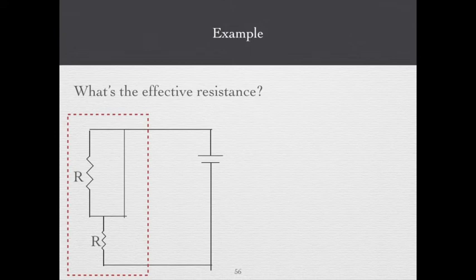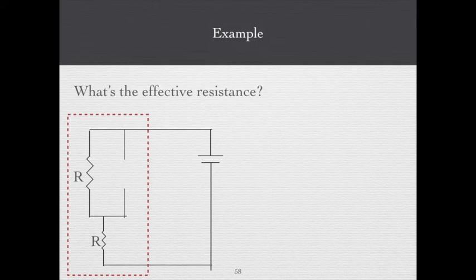If so, you can see this entire circuit loop only has one effective resistance, and that is the R at the bottom. So the effective resistance in this case is nothing but R, because the top R is shorted by the wire.